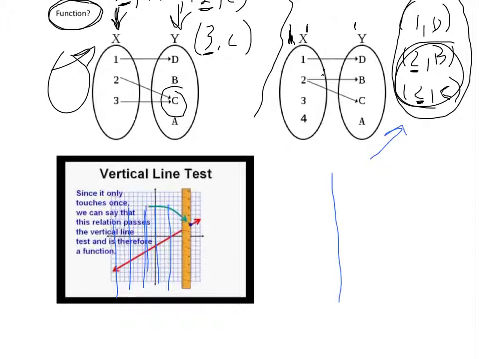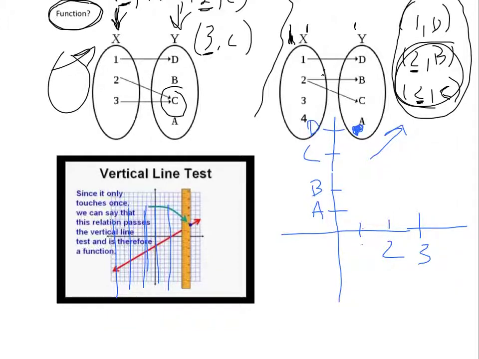Well, we could think about graphing this. Let's say this is 1, and let's say this is 2, and let's say this is 3, and so on and so forth. And let's say up here we have A, and this is B, and this is C, and up here is D. We have 1 comma D, so we go to 1, D, that's our point (1, D).